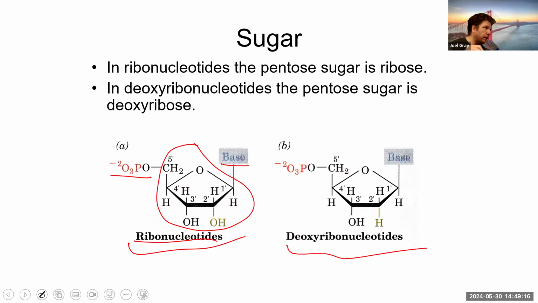Our numbering, when we talk about nucleotides and nucleic acids, goes from carbon 1, 2, 3, 4, and 5 to 1 prime, 2 prime, 3 prime, 4 prime, and 5 prime. That prime is to distinguish it from the numbering on the nitrogenous base that is linked up to that carbon 1 prime.